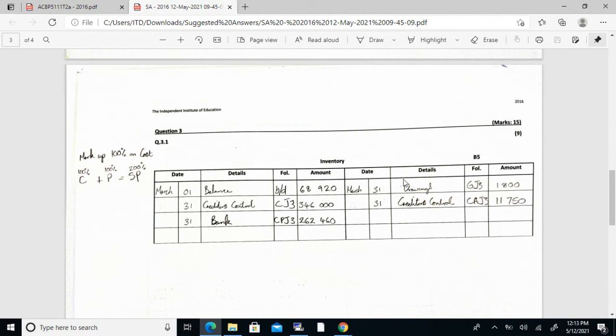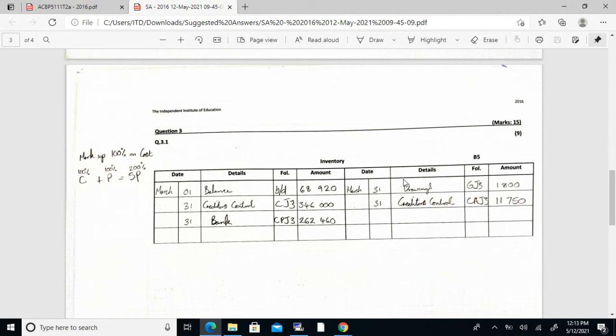Okay, remember I told you guys never associate any particular amount to any of these things. So if they tell you 100% on cost, what are they actually saying? What is our model going to look like? The answer is actually on the board.